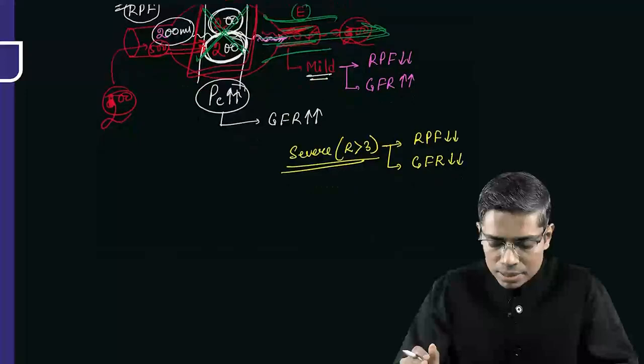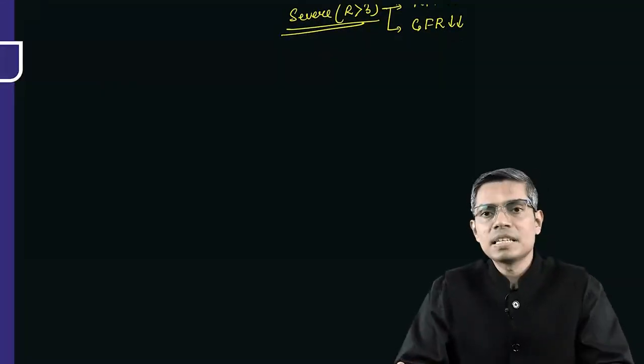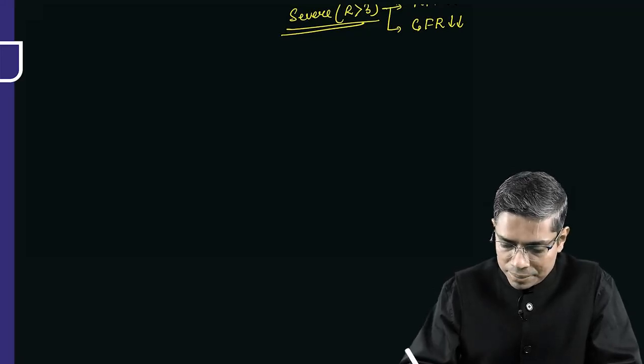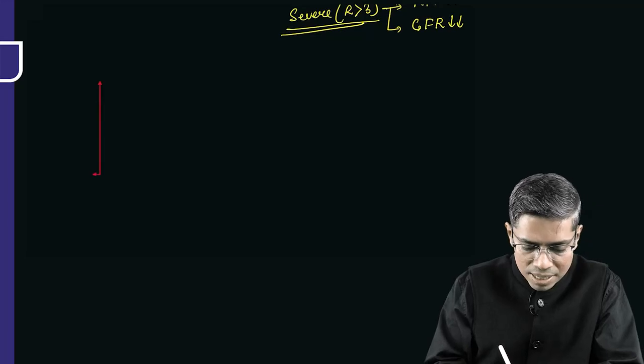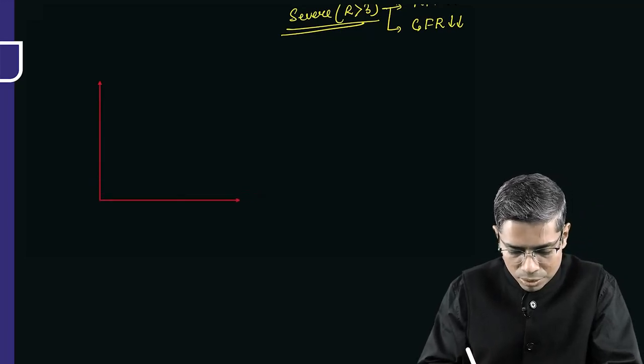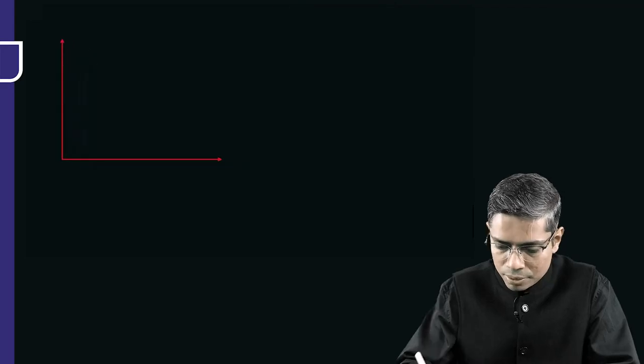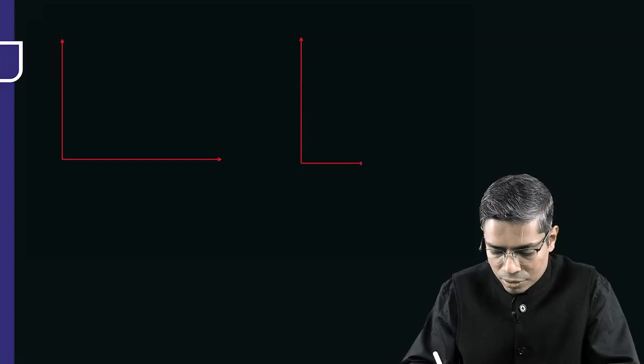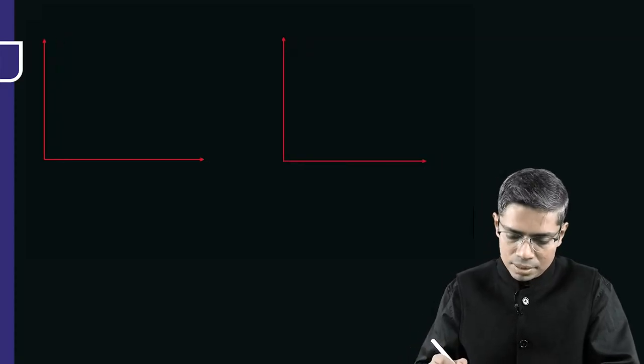Now, if you look at the graphical representation, sometimes an image-based question can be given. So if I plot a graph to understand afferent and efferent arteriolar constriction, how will it look? I'll draw two graphs side by side. In one, the afferent arteriole will be constricted, and in the other, the efferent arteriole.